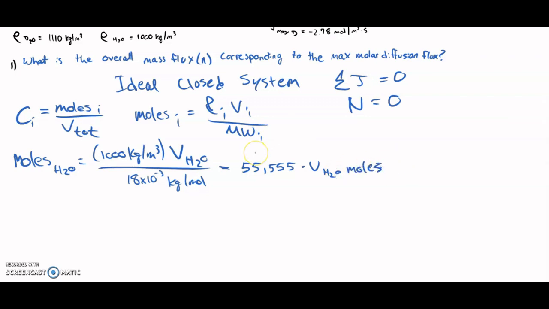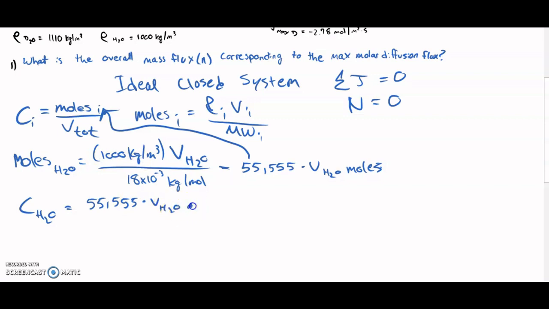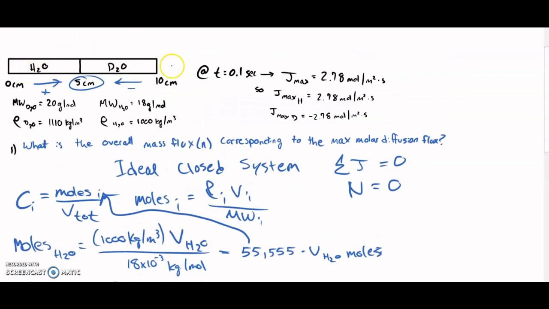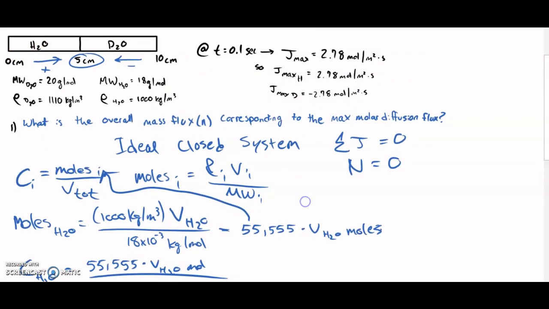Now we can take this moles of water and plug it into the concentration equation. So the concentration of H2O is then equal to 55,555 times some volume of H2O moles divided by our total volume, which will end up being 2 times the volume of H2O, since there's 2 halves of our capillary and the H2O and D2O essentially have the same volume.